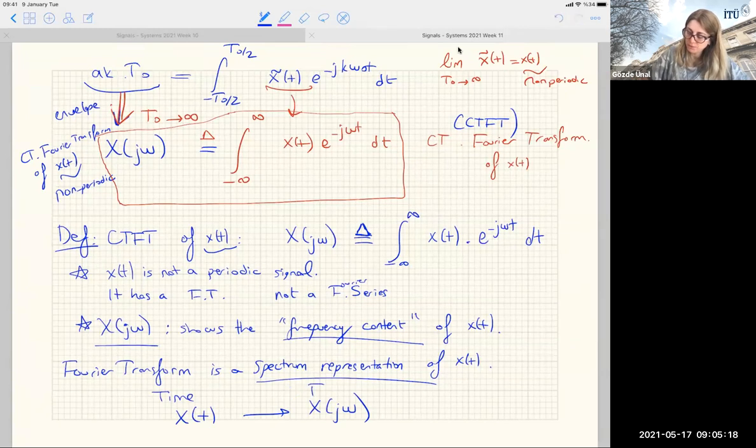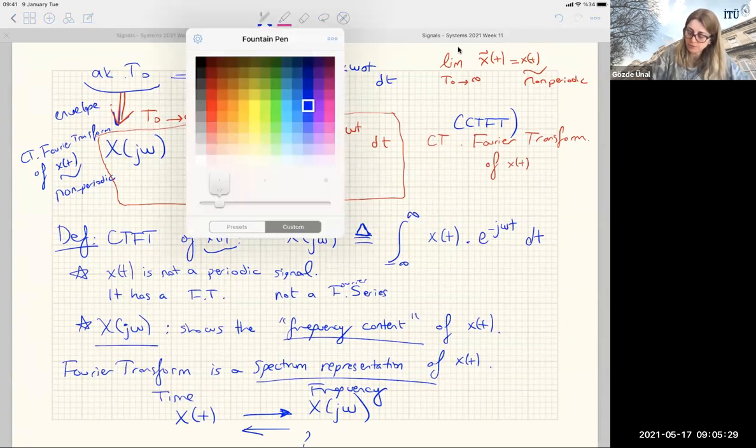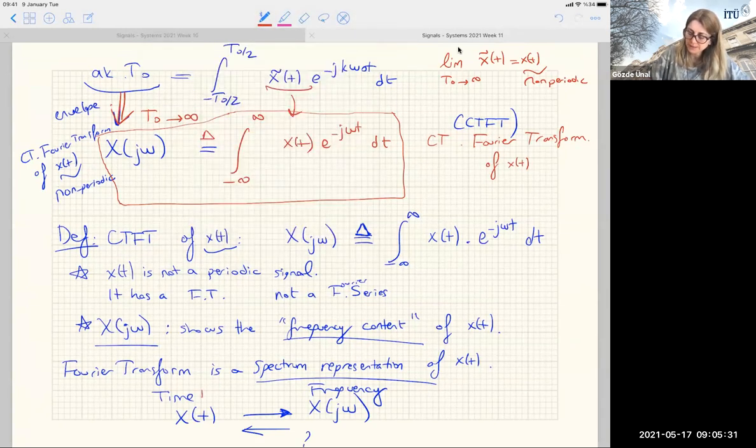But for such a tool to be useful, we should be able to go back. So forward was the Fourier transform, time domain to frequency domain. Now I want the inverse Fourier transform.